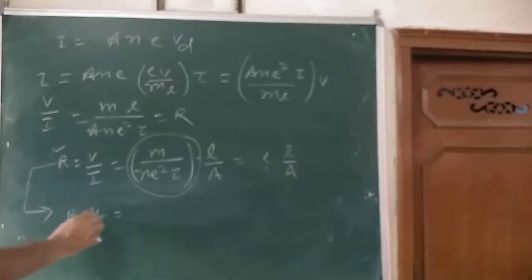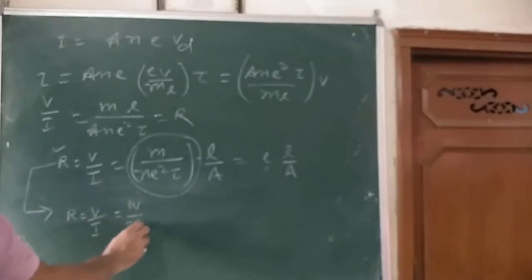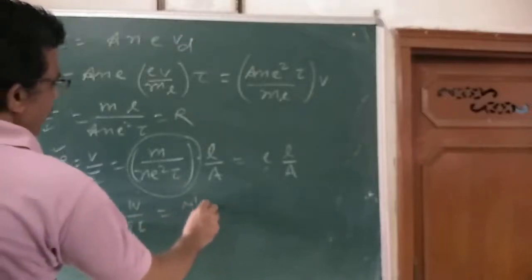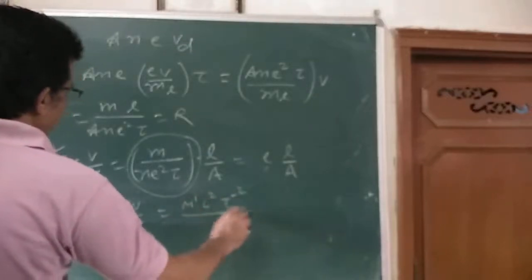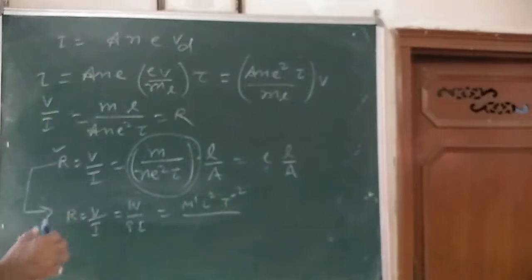So I can say V is equal to W by Q, electric potential, that we know. The dimensional formula here is M1 L2 T minus 2 divided by Q. It is a charge.